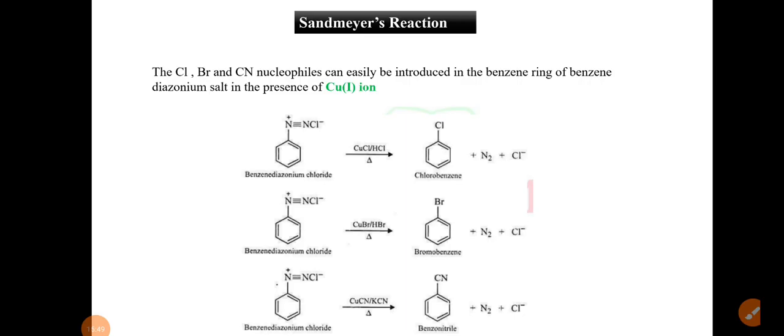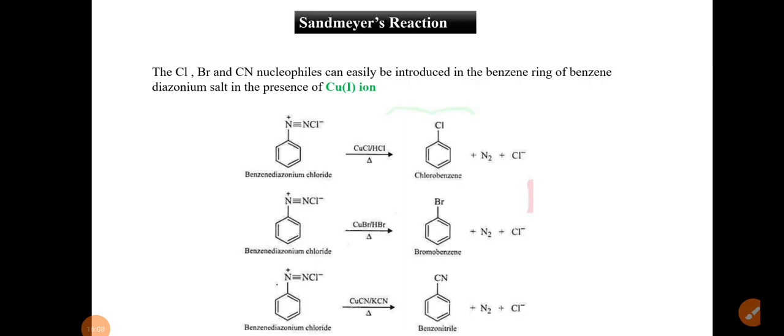So the Sandmeyer reaction is basically an example from the diazotization reaction. After diazotization, the benzene diazonium chloride reacts with the copper compound, and you get chlorobenzene or a halobenzene. That is the Sandmeyer reaction.